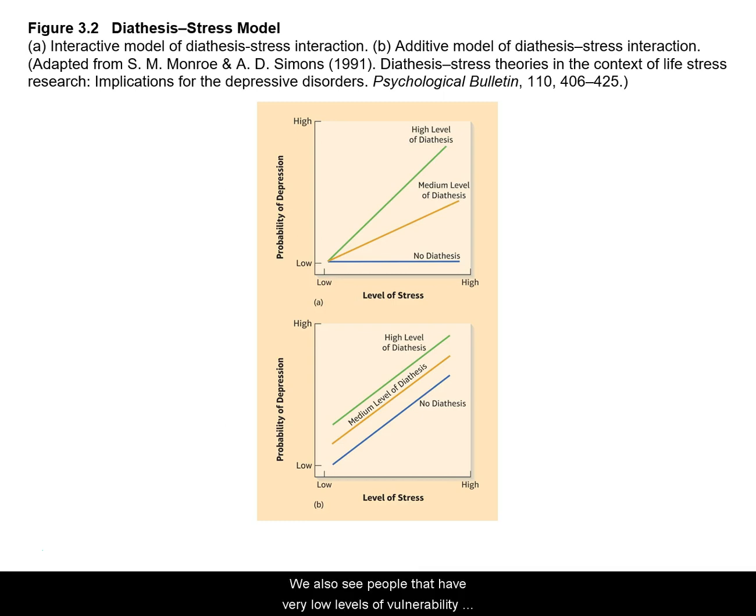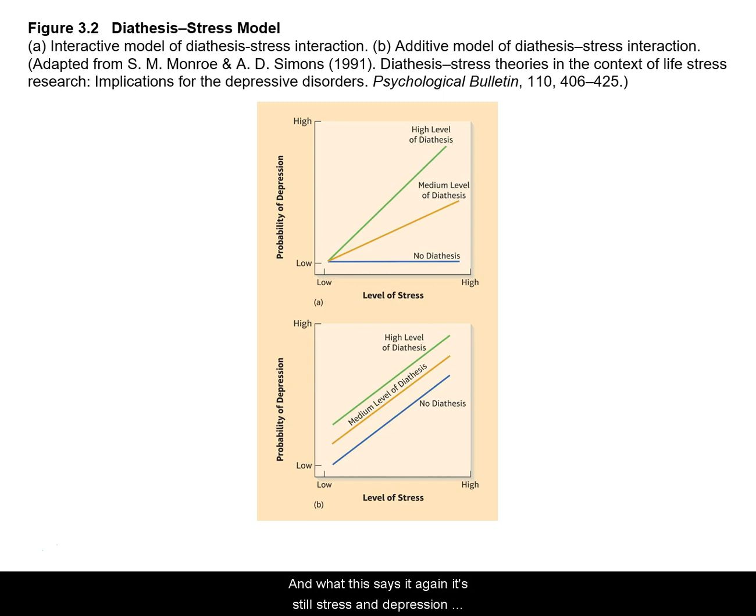We also see people that have very low levels of vulnerability or diathesis, but high levels of stress, and they also become depressed. So there is the mixture of these two things, and that's why they're putting them together in this model. Now, B is the additive model.